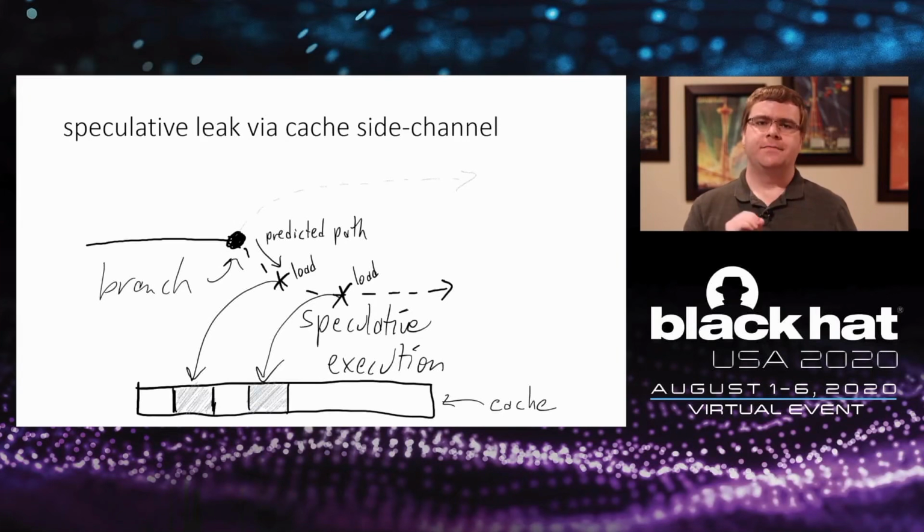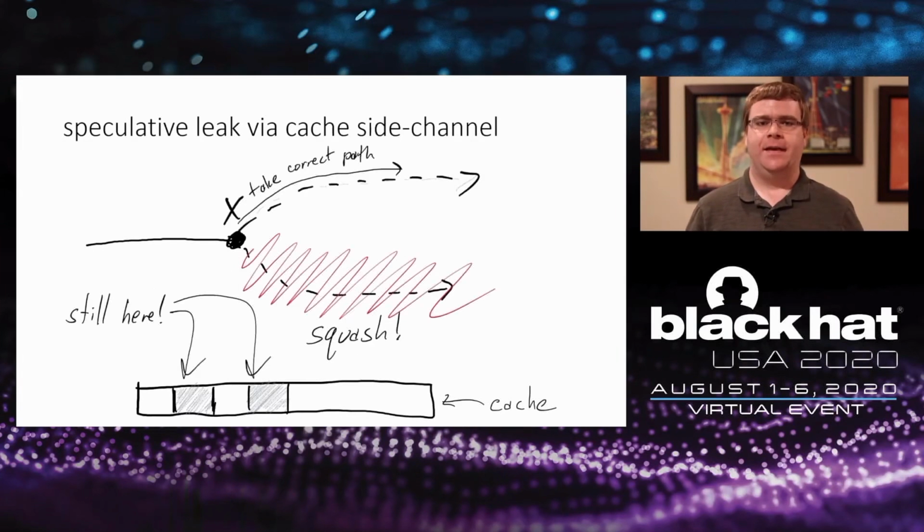And all of those memory accesses are going through the cache. They'll stay in the cache even if the processor realizes it made a bad guess and rewinds things back to try again. Putting that all together, we can use the cache side channel to leak values that were computed in the speculative domain, even if they were computed by mistake.